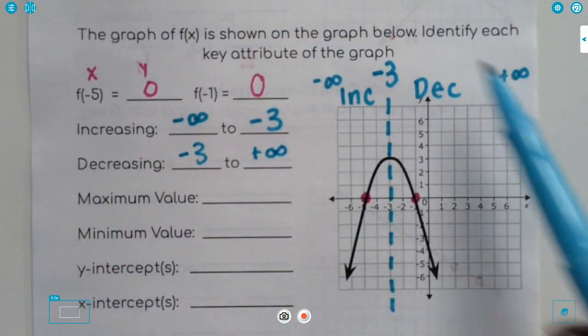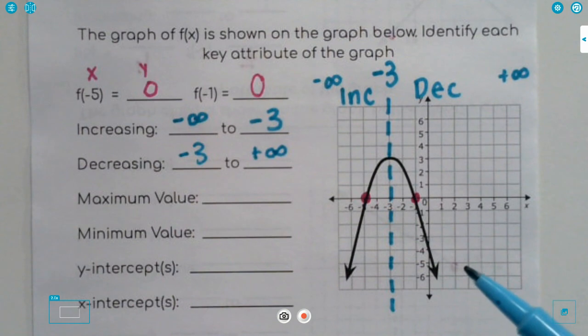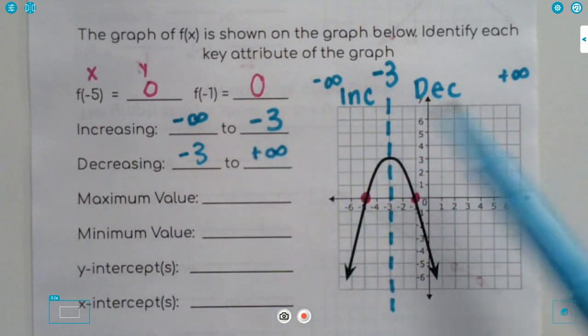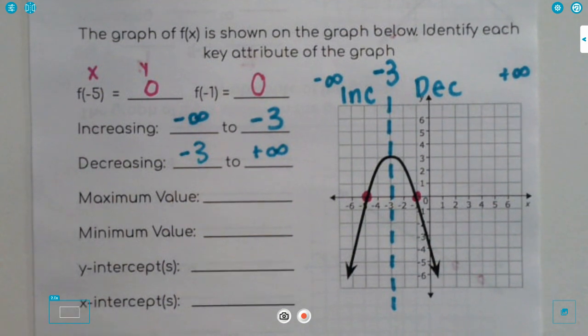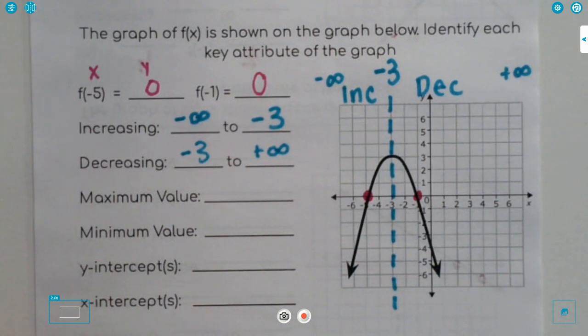So I like to label everything that's happening, and then I can just move it over to my blanks. Okay, I'm going to let people finish writing that one down. All right, we'll come back to that example if you're still missing stuff.